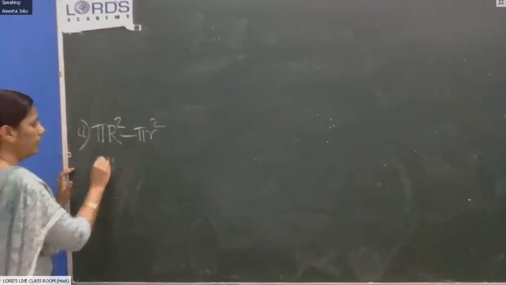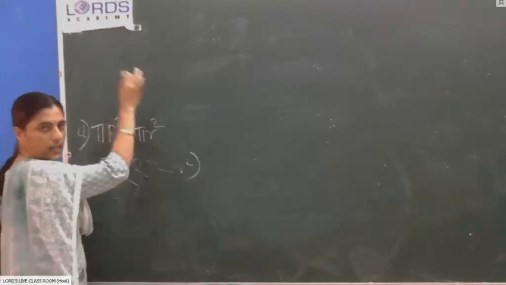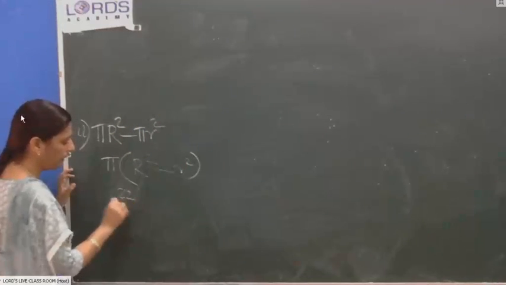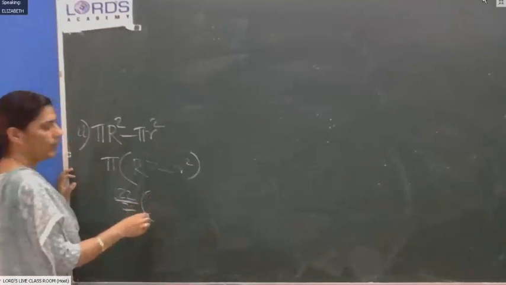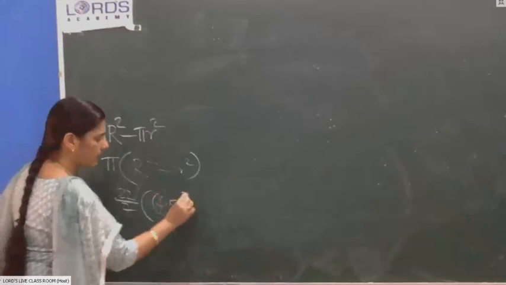And that you can do, like last problem, pi r square minus pi r square. Here you have to write area of the big circle minus area of the small circle. Then 22 by 7 into, what is r square? 4.5 square minus 2.5 square.